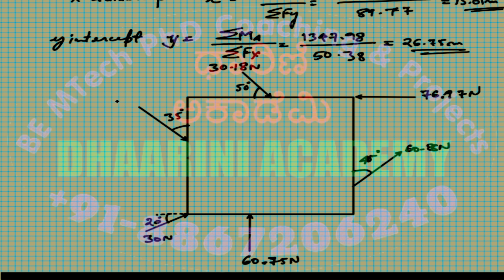.35 degrees. .9617 Newton. And the distances are, this distance is 5 meters and 5 meters.